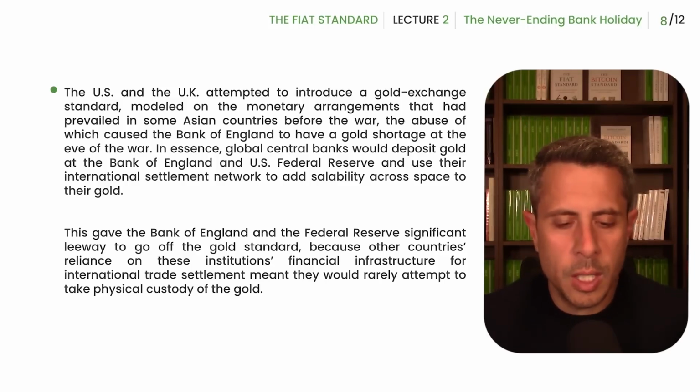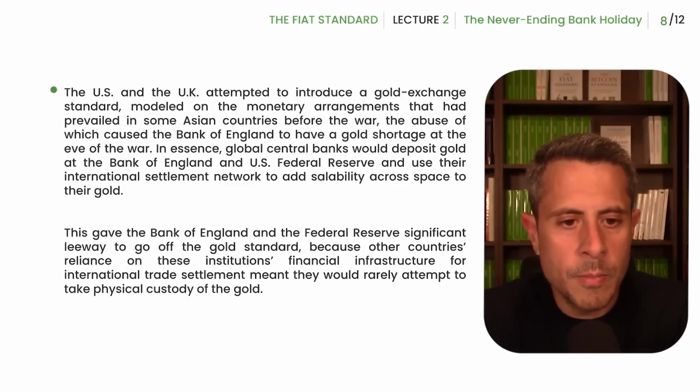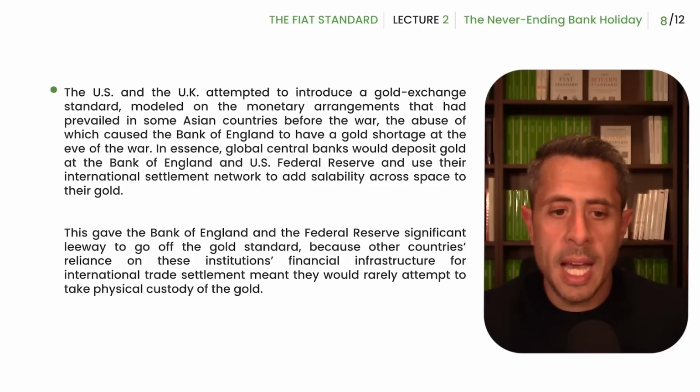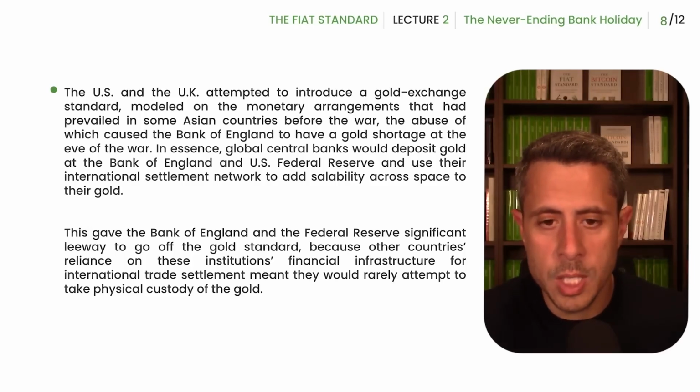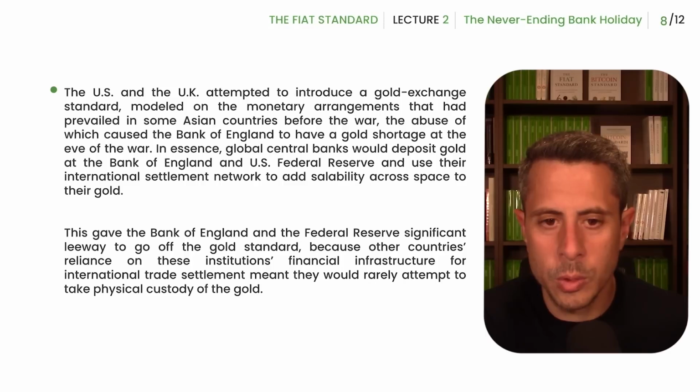So, think about India and South Africa and Brazil having to trade with one another. Before World War I, it would have been extremely expensive to ship gold physically every time those countries wanted to trade with one another. But by using the Bank of England, they could save enormously on the cost of gold clearance.